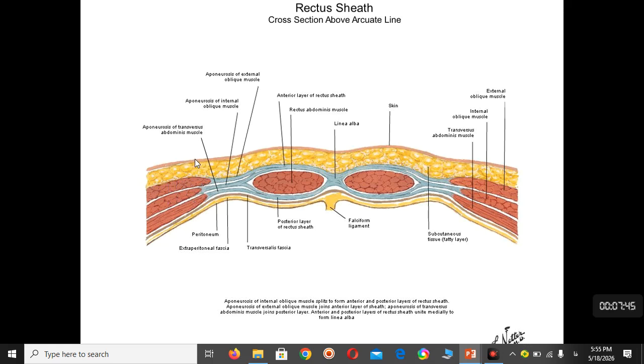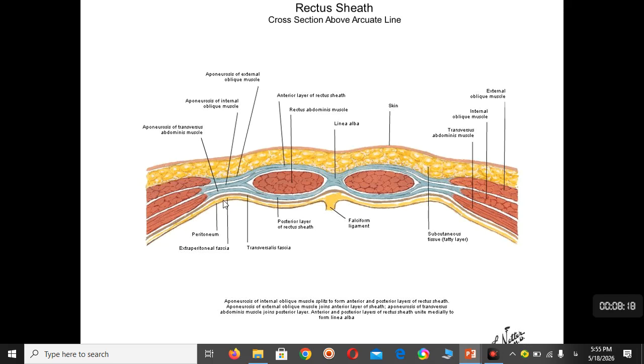Here is the skin of the anterior abdominal wall, and here is the superficial fascia and the fats. Deep to the transverse abdominis muscle, we have the fascia transversalis here. This is the deep fascia in the abdomen, and the yellow color here is the extraperitoneal connective tissue.